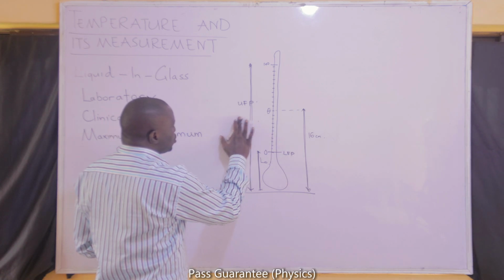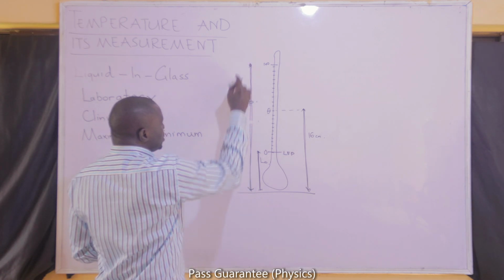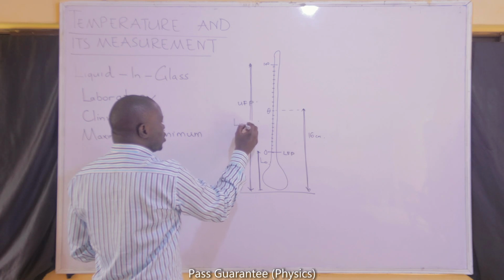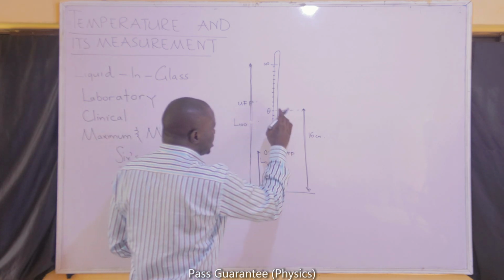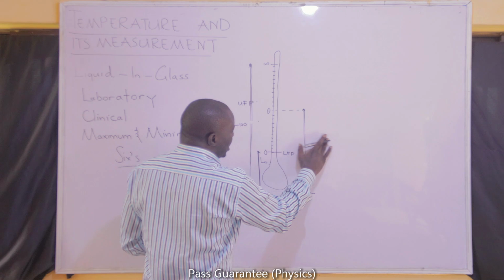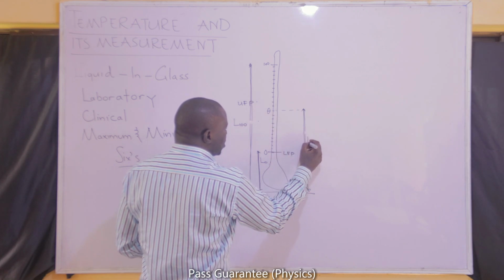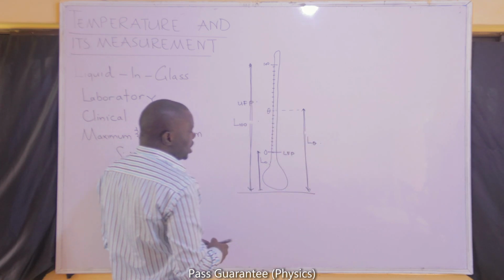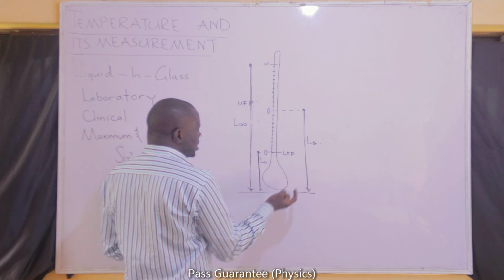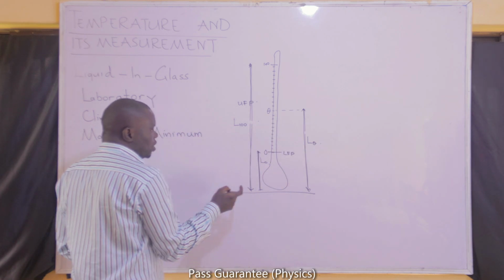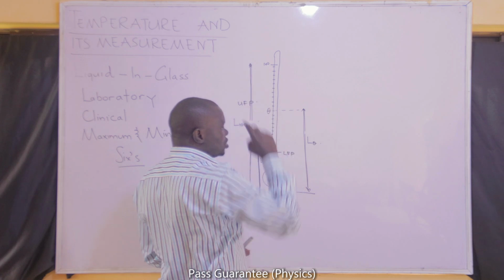Let us assume also that the length of our upper fixed point is L100, that is the length at 100. The length where the question wants me to find the temperature, let me call it L theta. So L theta corresponds to theta the way L0 corresponds to 0 and L100 corresponds to 100.